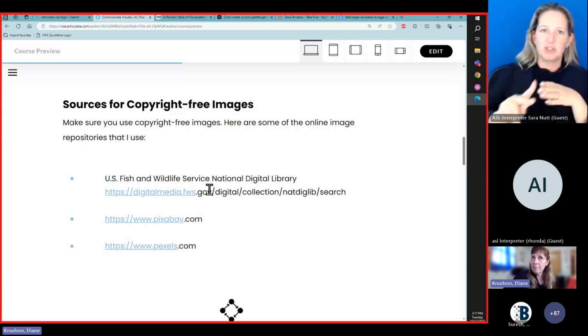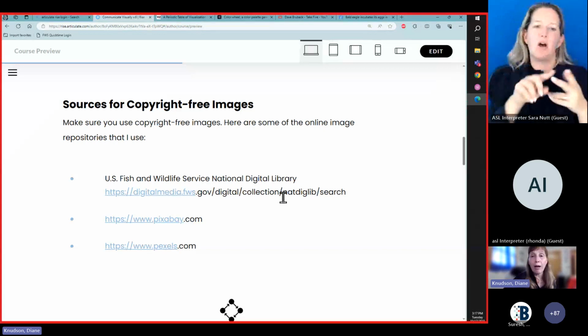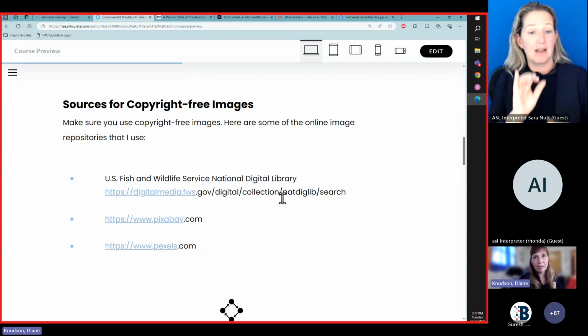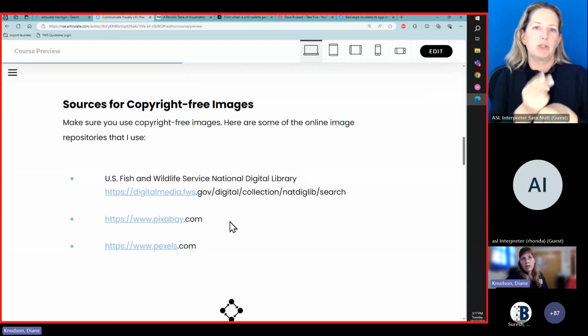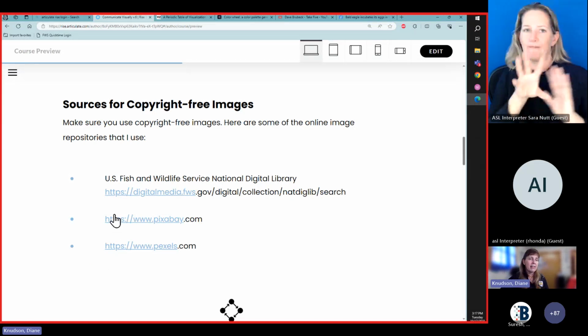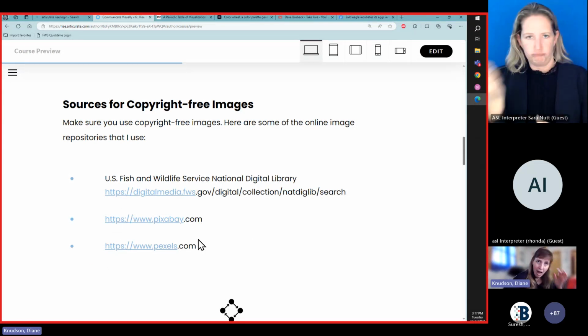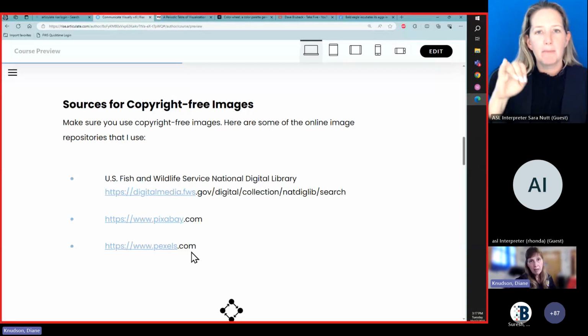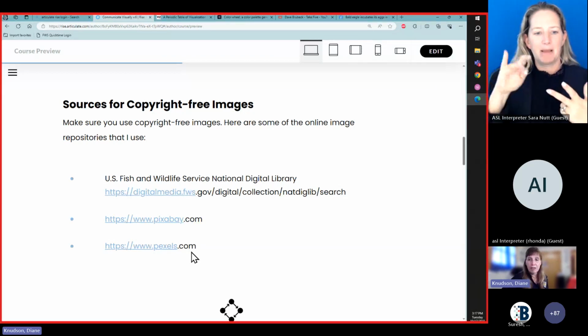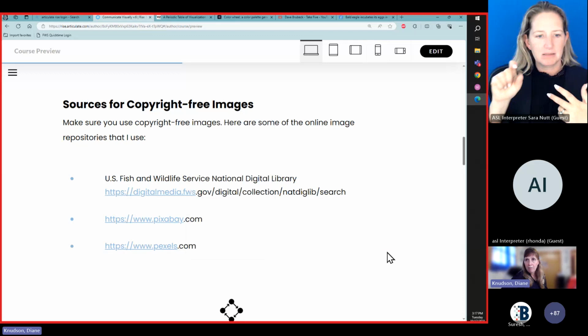This library is where you can access our pictures and videos. Two others that I use very consistently are pixabay.com and pexels.com. You are required to credit them. You can also pay for specific uses.